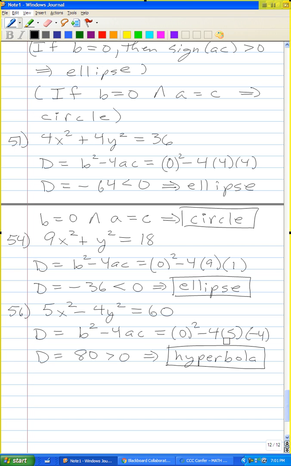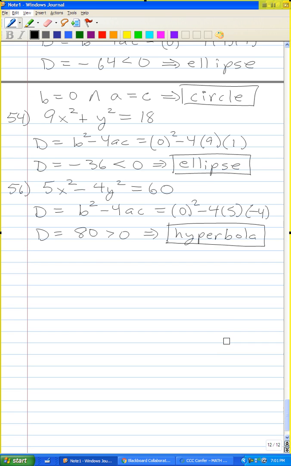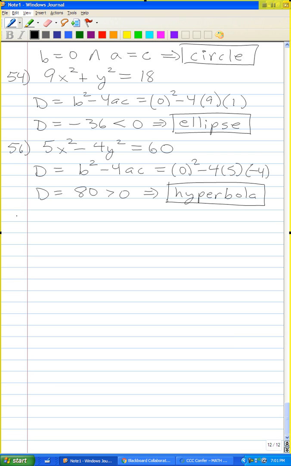Let me do problem number 58. Four y squared minus 6x plus 8y is 13.